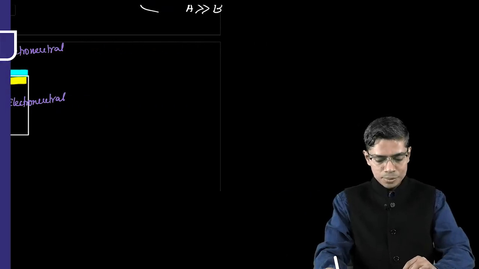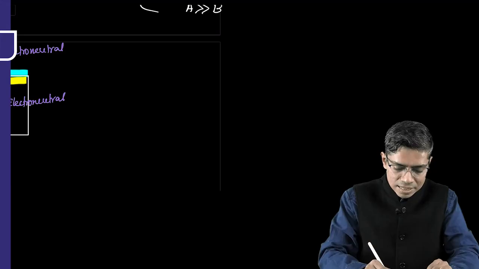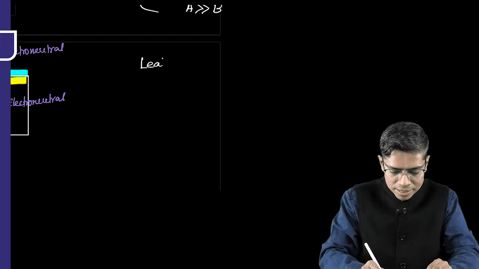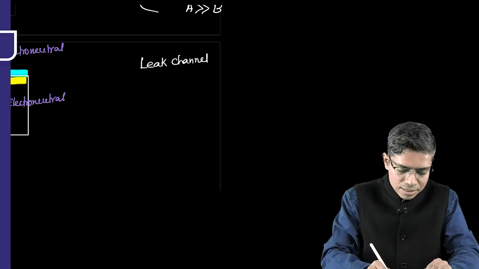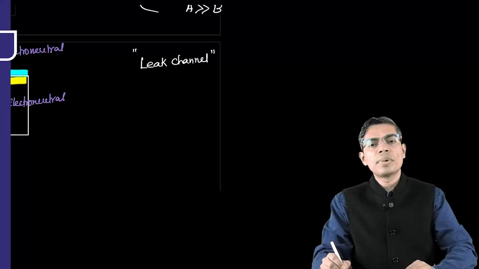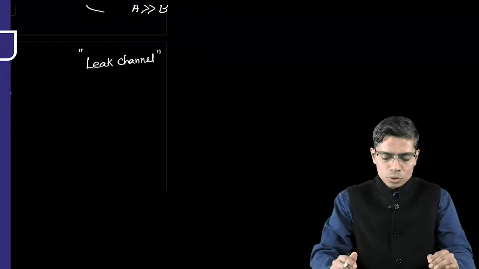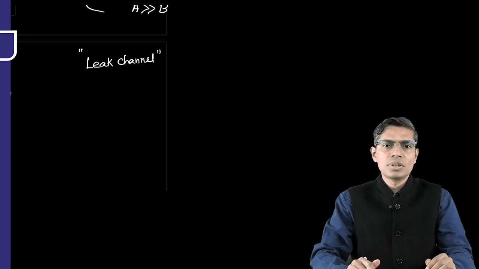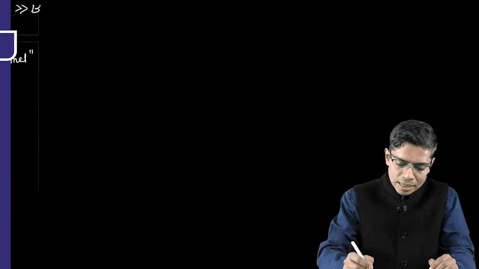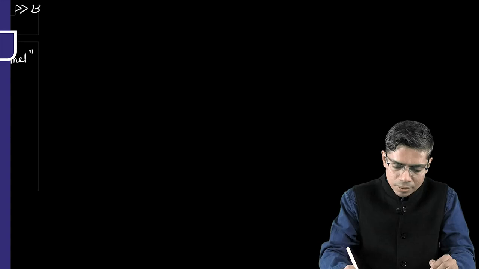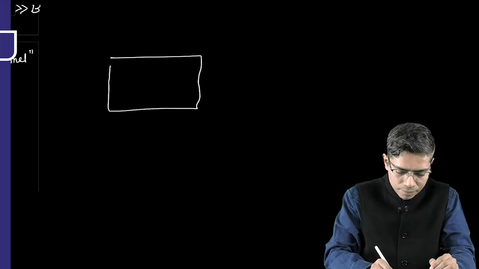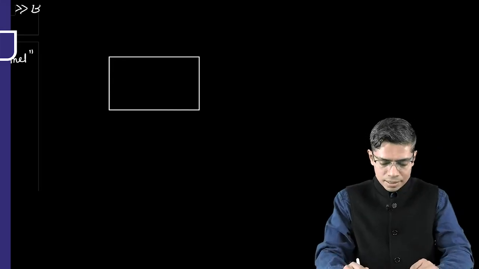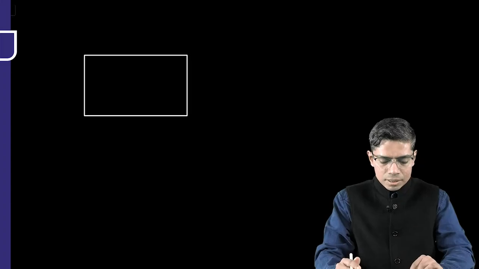So now we have to think about the leak channel. As the second point, I told you that in resting condition, certain channels are open on the cell membrane. Those channels are known as leak channels. I told you already. So now again I am drawing a cell. Under resting condition, this cell contains certain leak channels.